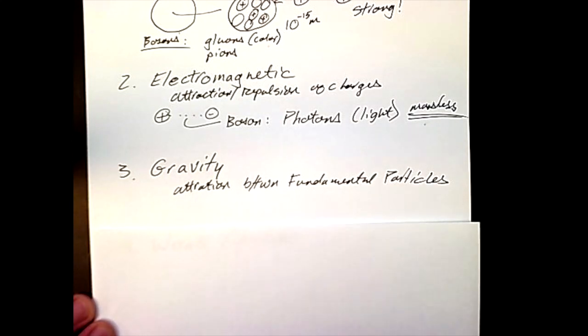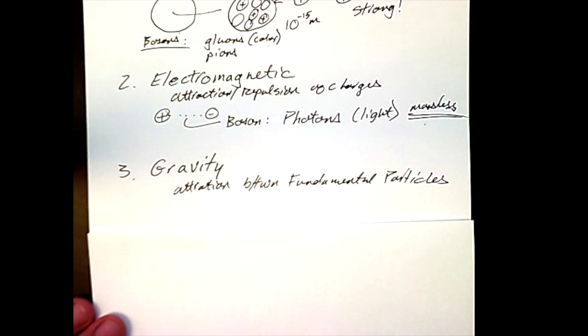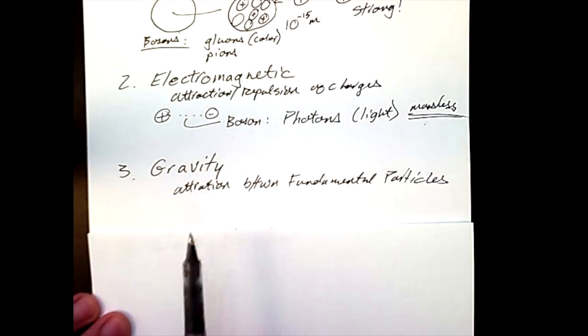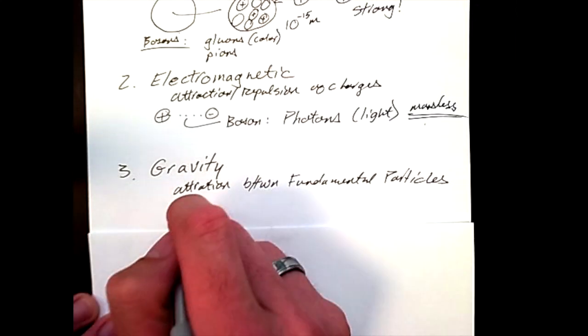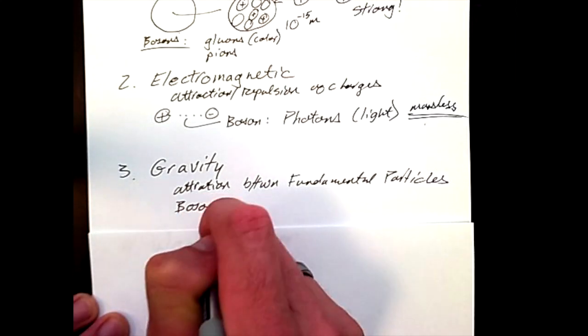Any given fundamental particle. And so gravity has been the most studied recently, and certainly one of the more difficult to understand, because this particular force is an attraction only, and up until 2012, the boson wasn't even known.